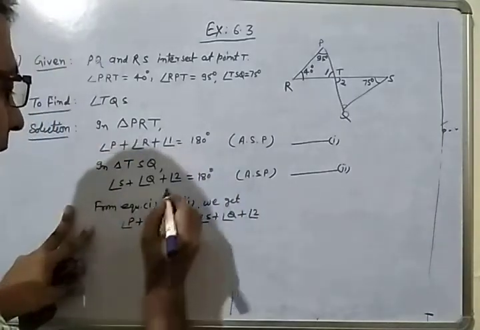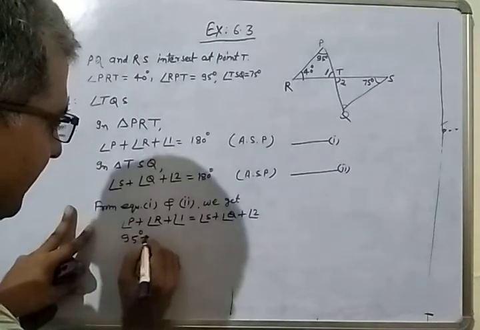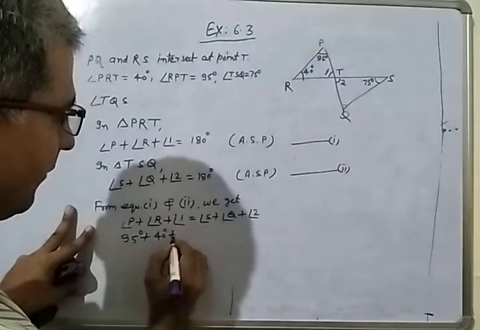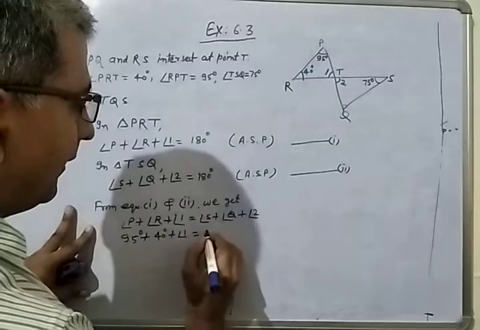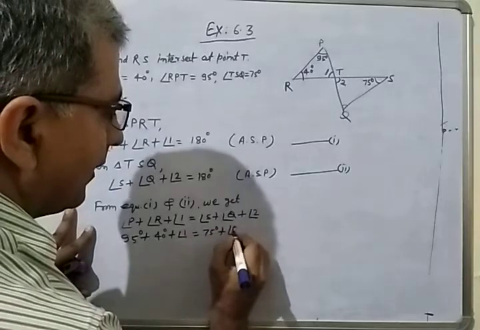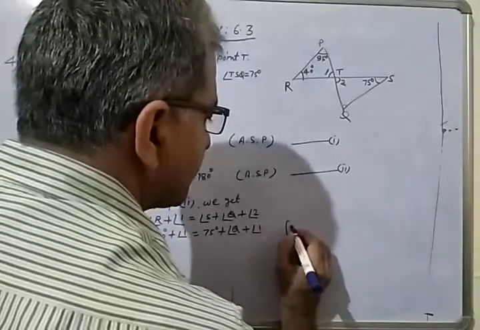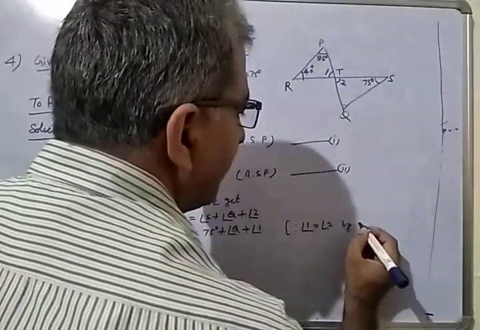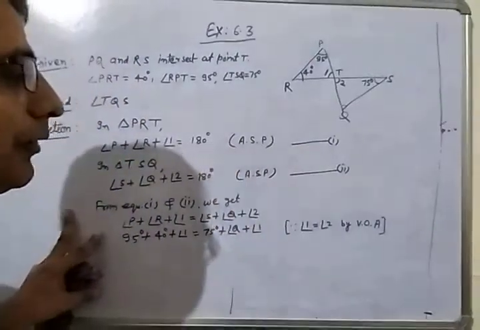Put the value of these angles. Angle P is 95 degrees, angle R is 40 degrees, angle S is 75 degrees, angle Q is to find, and angle 2 equals angle 1, because angle 1 equals angle 2 by VOA. These are vertically opposite angles.